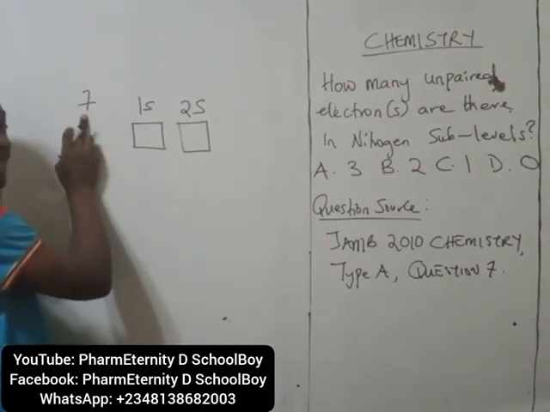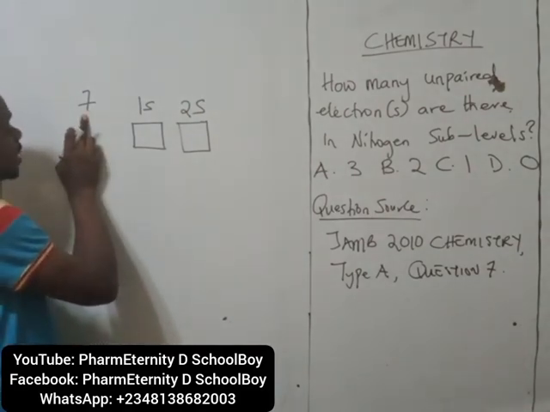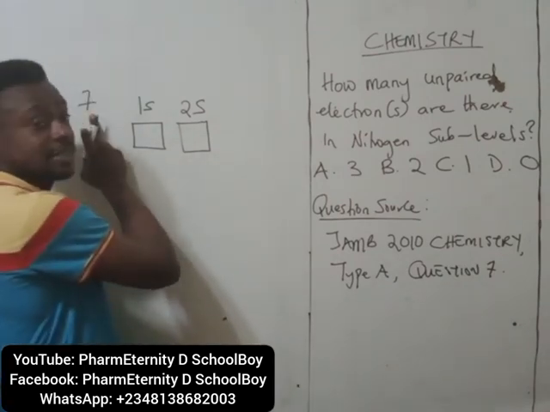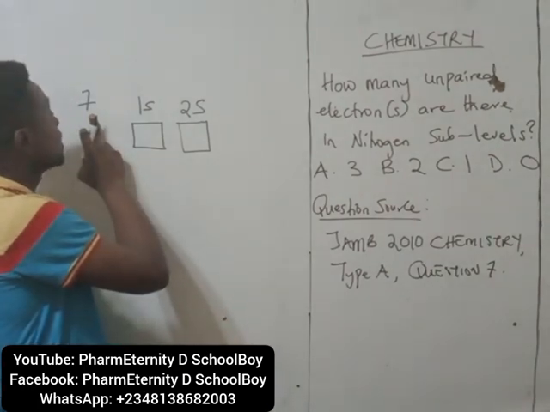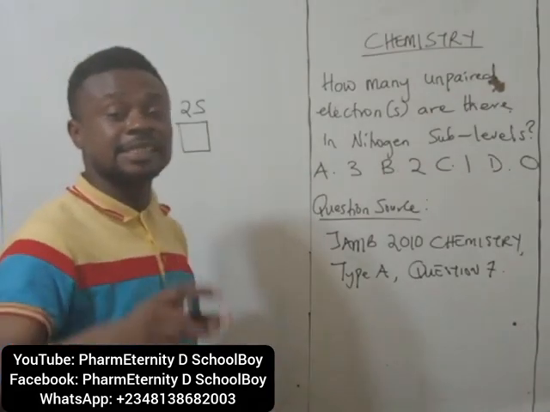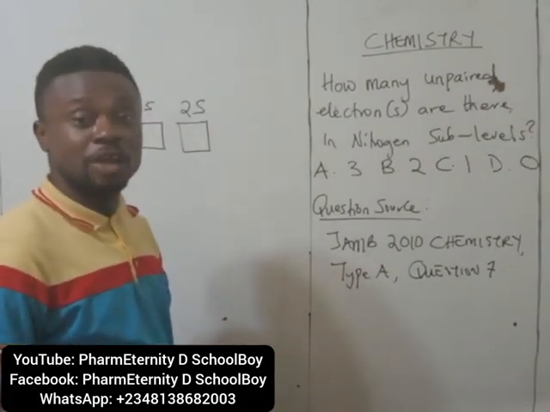Nitrogen has 7 as its atomic number. And because an atom is neutral, that means nitrogen has 7 electrons, because atomic number is the same thing as the number of electrons.